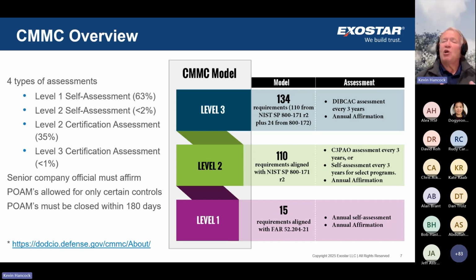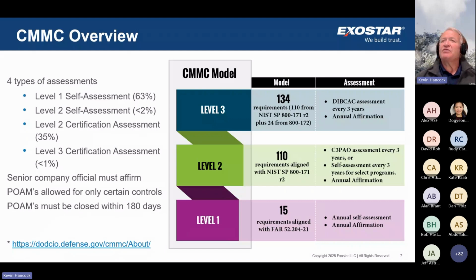Level 3 is a small portion of the defense industrial base, right? Less than 1%. Those organizations not only have to satisfy those NIST 800-171 requirements, but there are 24 other controls from NIST 800-172 that are also part of the assessment for those organizations.